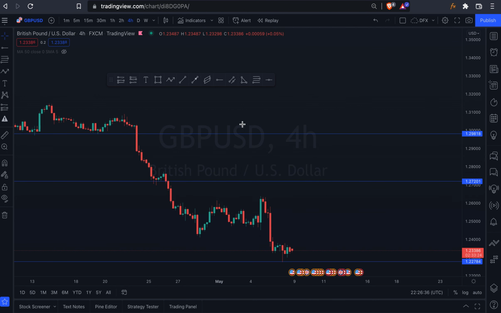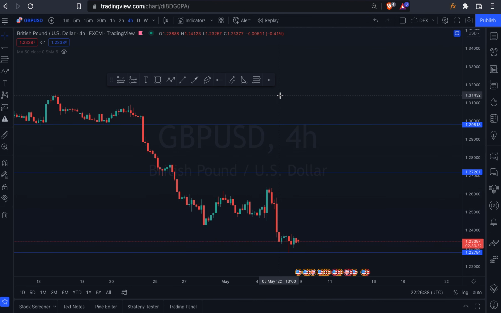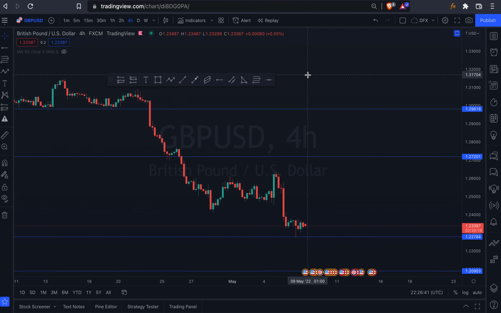Alright, so let's consider this. Price was dropping. Price consolidated for some time, created a high, and then dropped to this side, hitting the support zone.